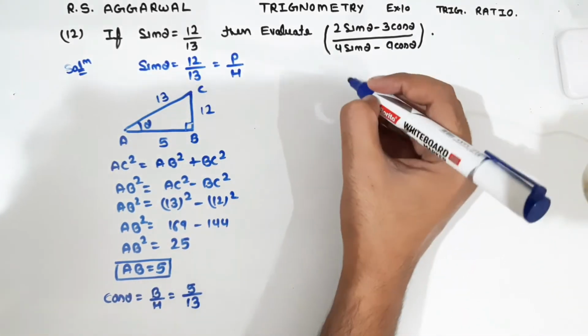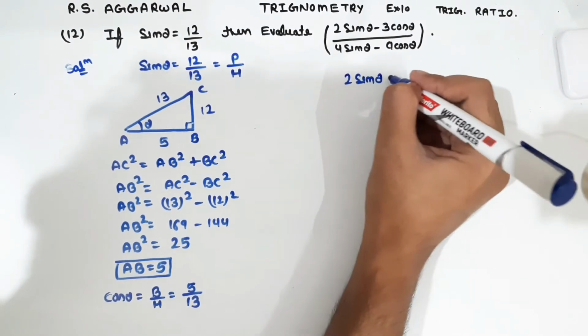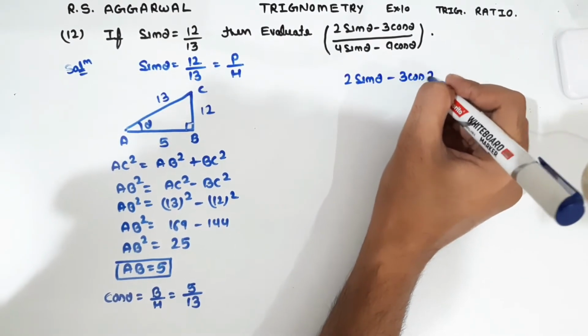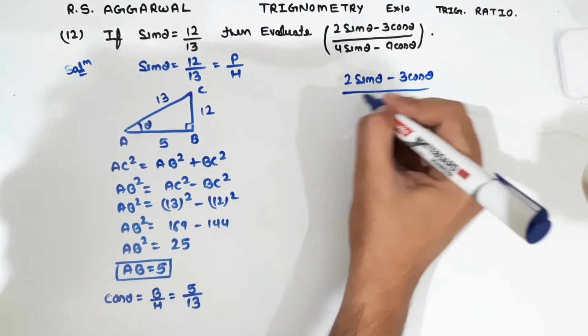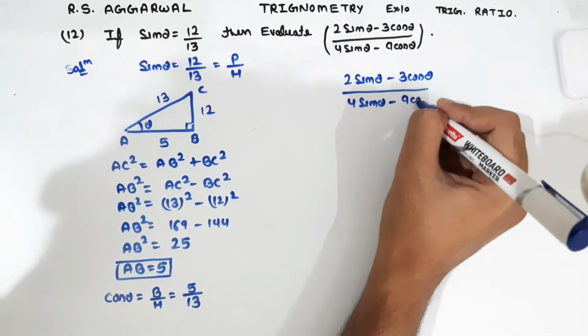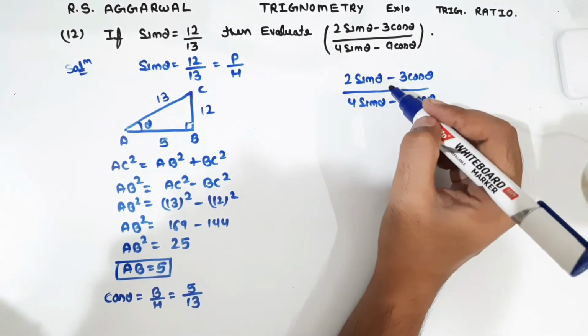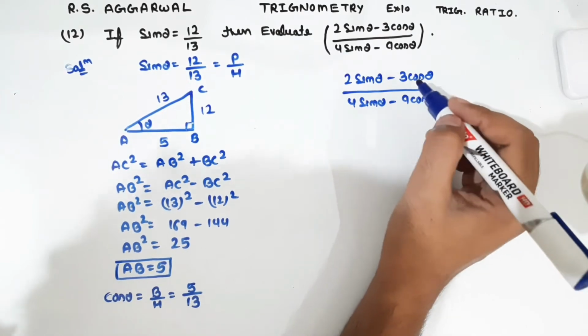So we have to find 2 sin theta minus 3 cos theta upon 4 sin theta minus 9 cos theta. So now putting the value of sin theta and cos theta here.